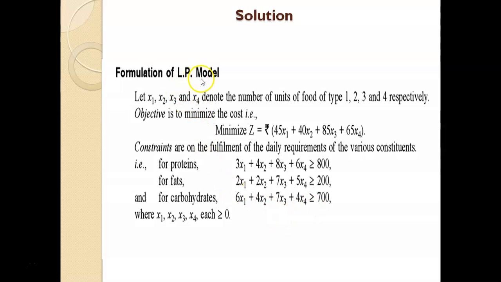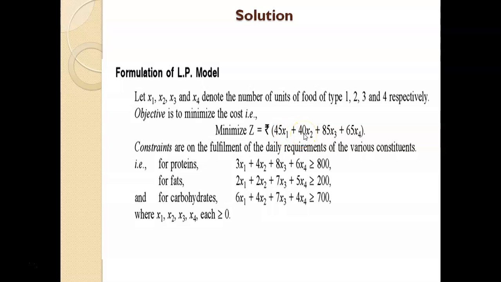Formulation of the LPP. Let x1, x2, x3 and x4 denote the number of units of food type 1, 2, 3, 4 respectively. The objective is to minimize the cost. The cost of 1 unit of food 1 is 45, and if x1 units of food 1 have to be purchased, then the total cost will be 45 x1.